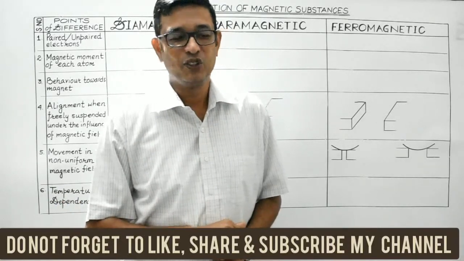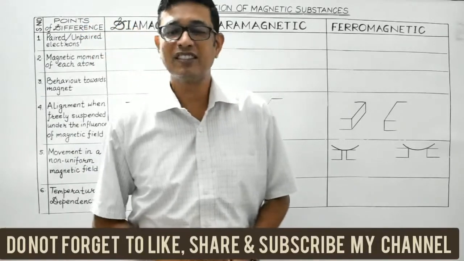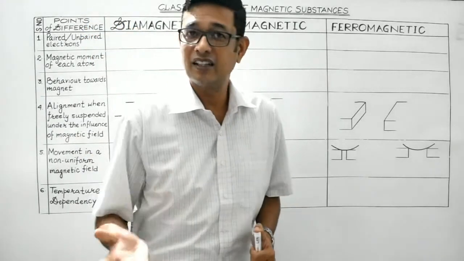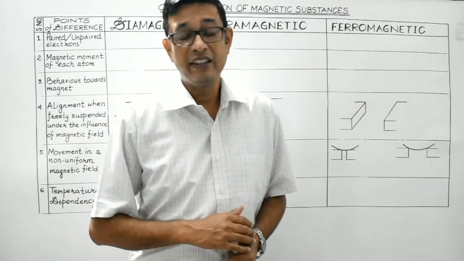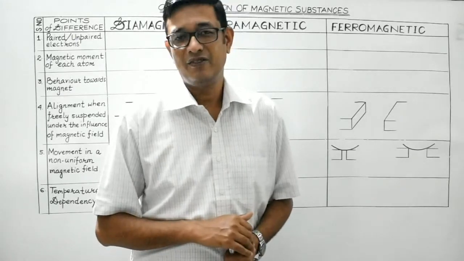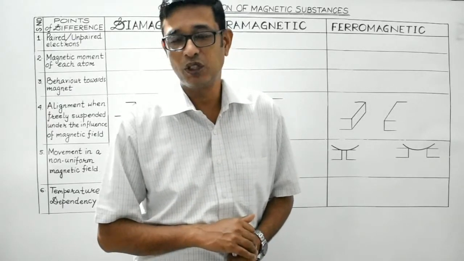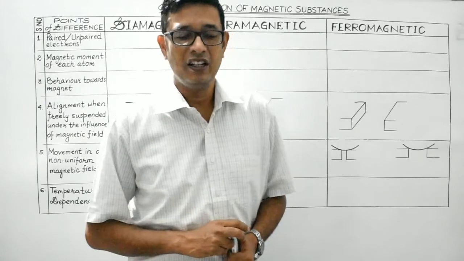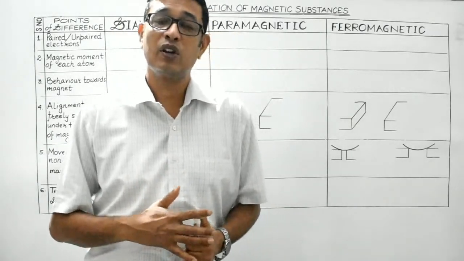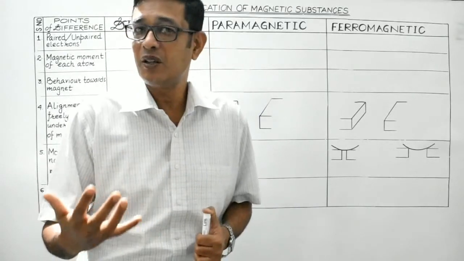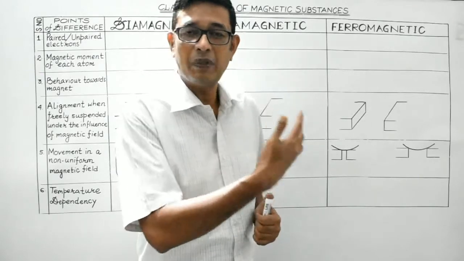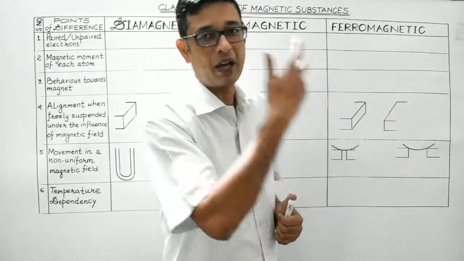Right? So, with that students, let's begin today's session. In the previous 2-3 lectures, we have discussed diamagnetism on the basis of electron theory. Then we have discussed paramagnetism on the basis of atomic theory. And we have discussed ferromagnetism on the basis of domain theory. Now, in this particular lecture, we are going to bring out the essential points of difference between diamagnetic substances, paramagnetic substances and ferromagnetic substances.